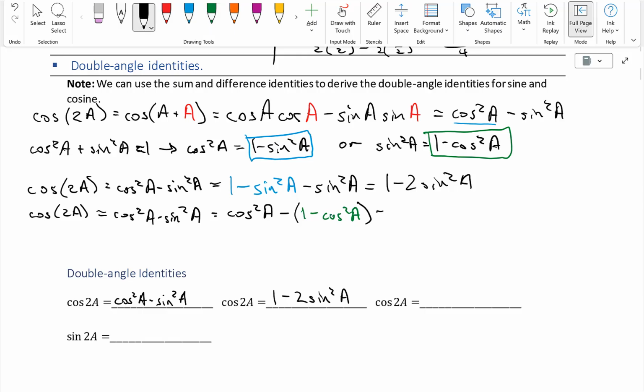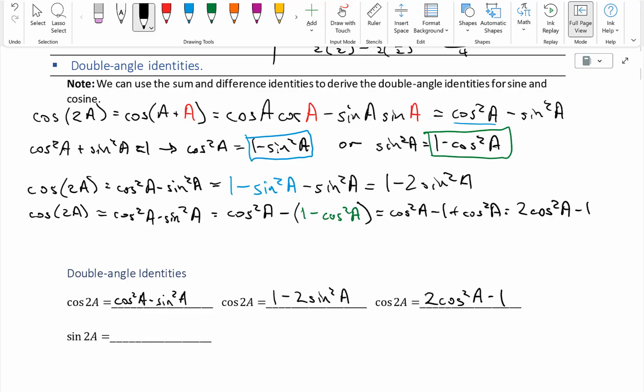If I distribute that negative, I get a cosine squared a minus 1 plus cosine squared a. Add my like terms, gives me a 2 cosine squared a minus 1. So that's my third identity for cosine 2a, 2 cosine squared a minus 1.